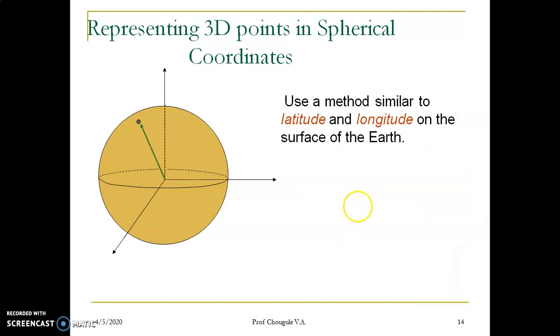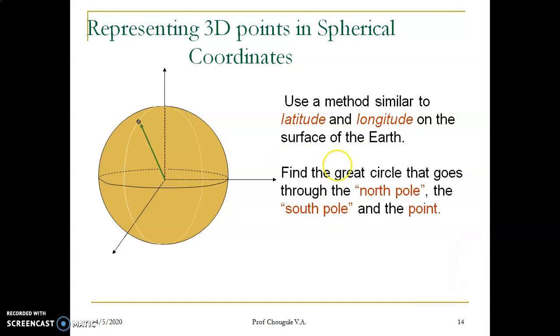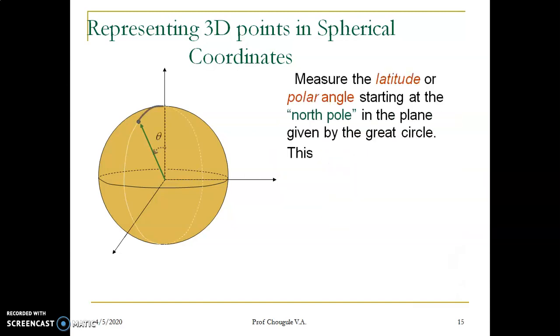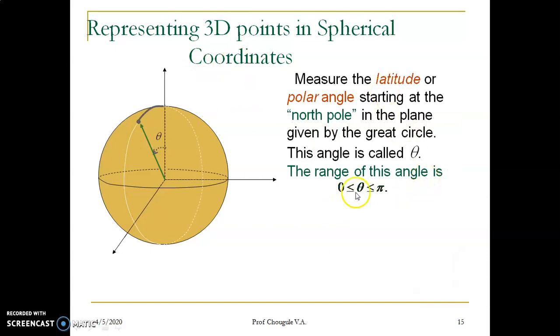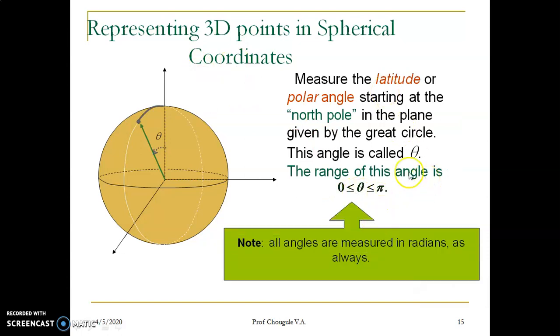We use the method of longitude and latitude on the surface of the Earth. Find the north pole, and the angle made from the north pole we call the polar angle, theta. Clearly this angle will be 0 to pi at the most.